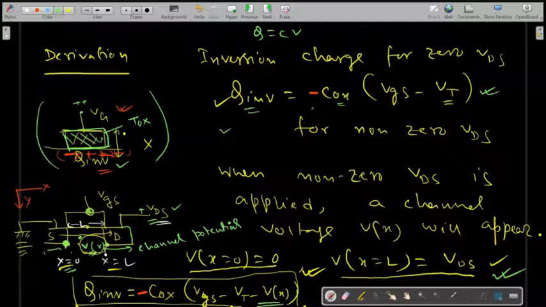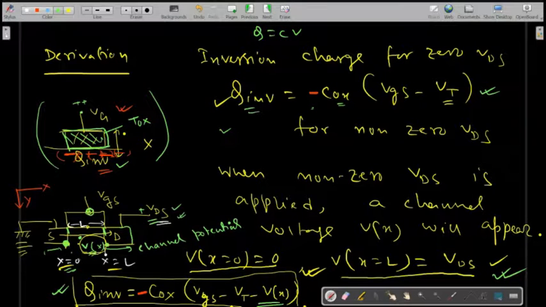Previously there was no V of x because we were not applying any VDS, VDS equal to 0. But when you apply VDS, there will be some voltage drop, and the voltage is maximum towards the drain end and gradually reduces towards the source end. So this is the final charge expression which will be used to calculate the current.